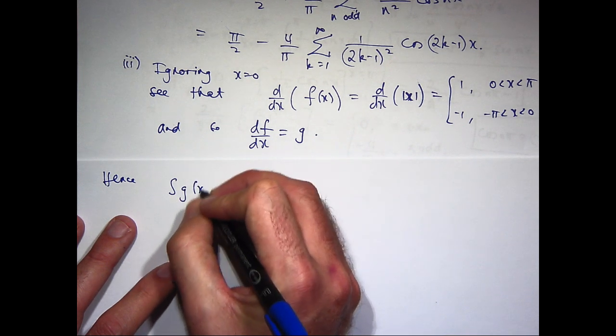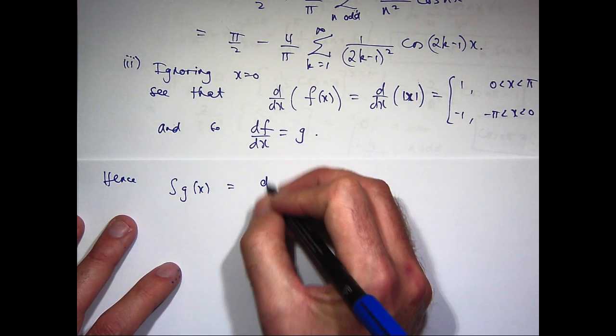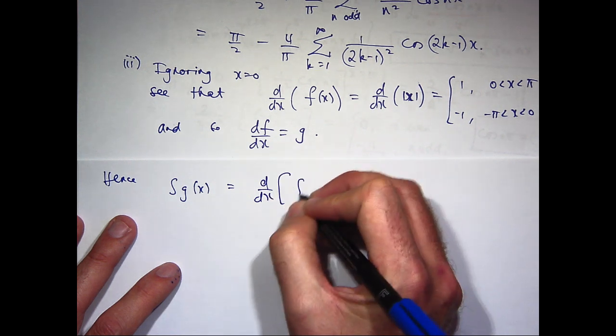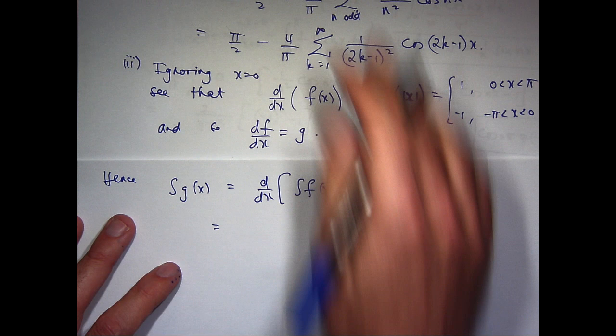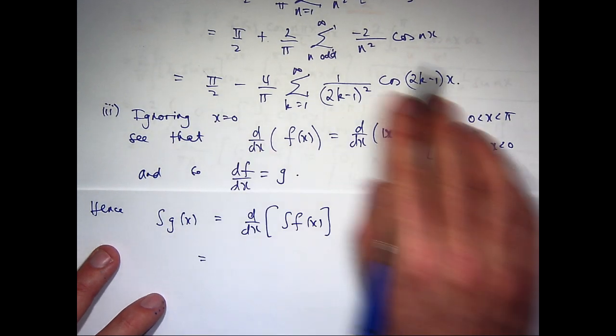So the Fourier series of g is just the derivative of the Fourier series for f. So let's go up here and differentiate term by term.